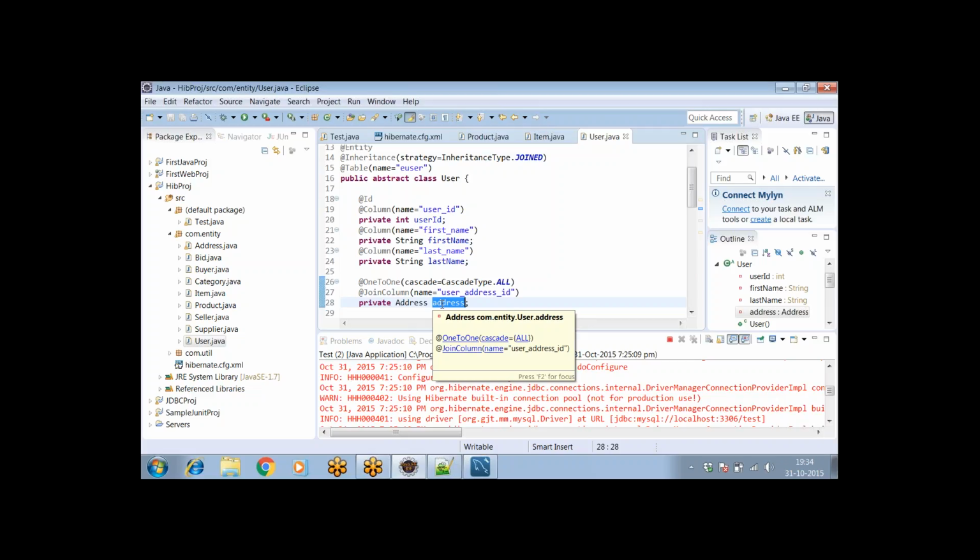It will be lazy itself. Because you got many associated objects, the associated objects are lazily fetched here.